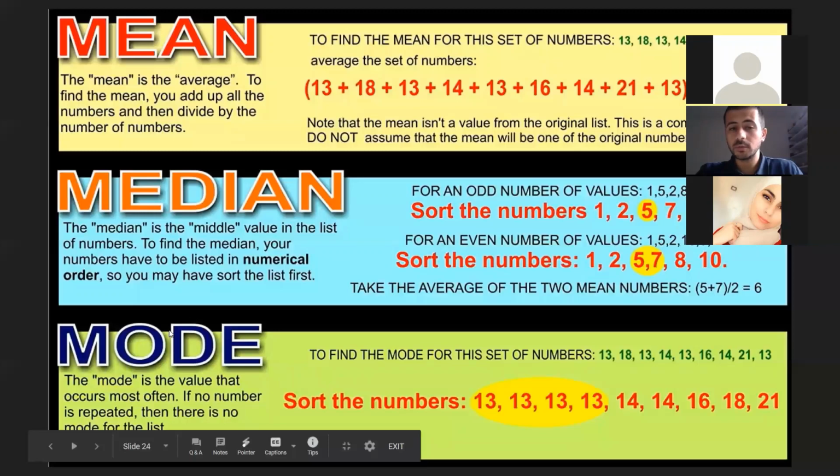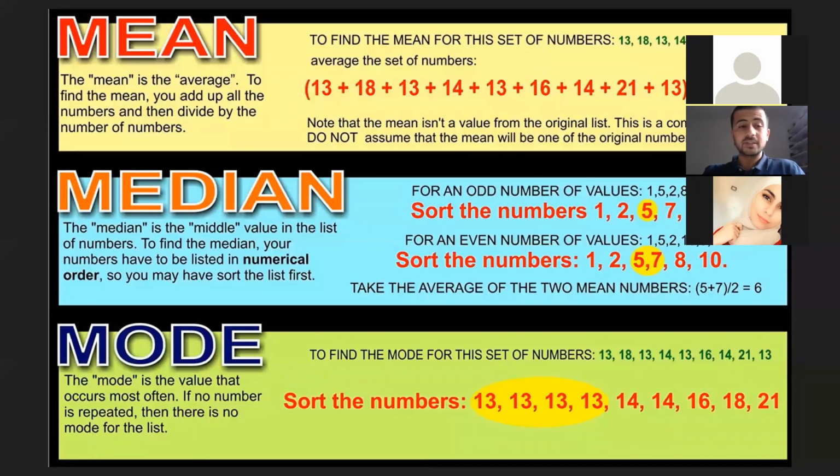What about the mode? Actually, if the first number or the last number is just repeated several times, it will be the mode, okay? The number with the higher frequency. But usually, the number with the highest frequency is in the middle, according to the Gauss distribution or the normal distribution.